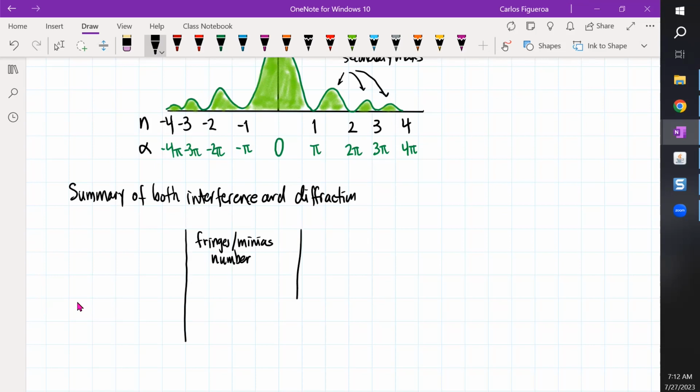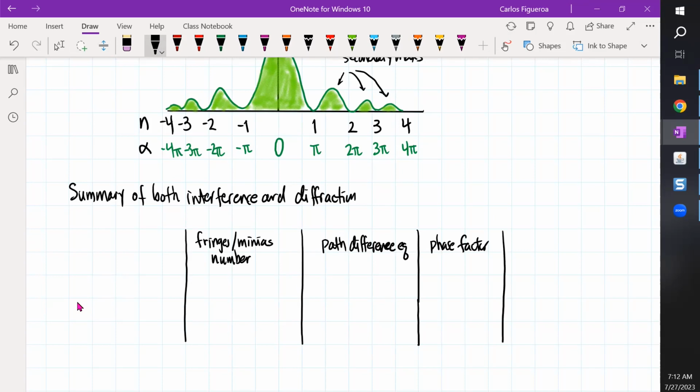Then I'm going to look at the path difference equation. And then I'm going to look at the phase factor. And then I'm going to look at the relative intensity.